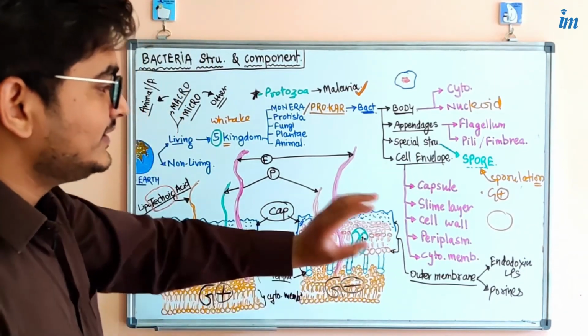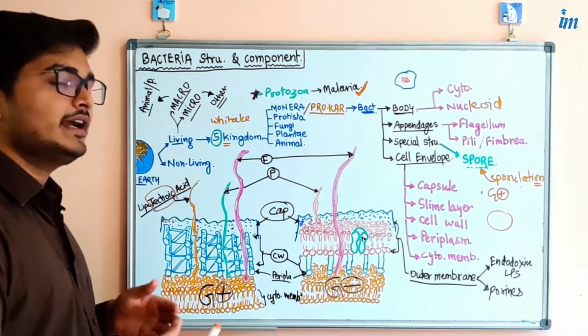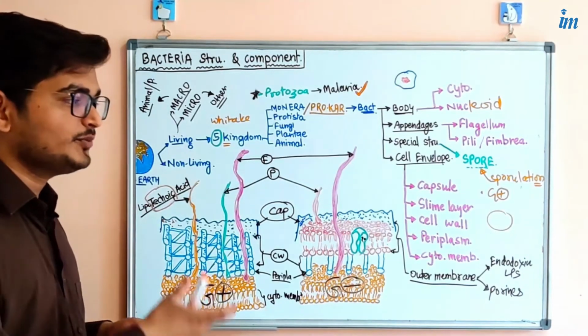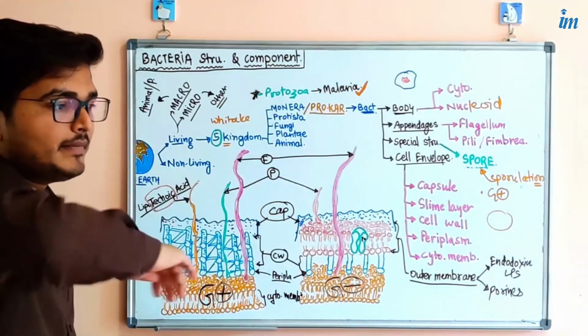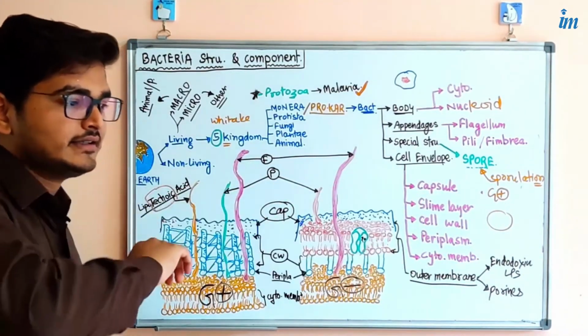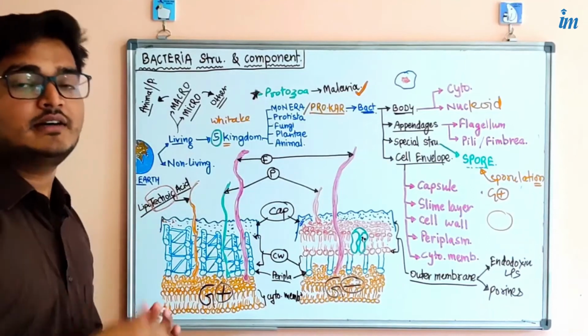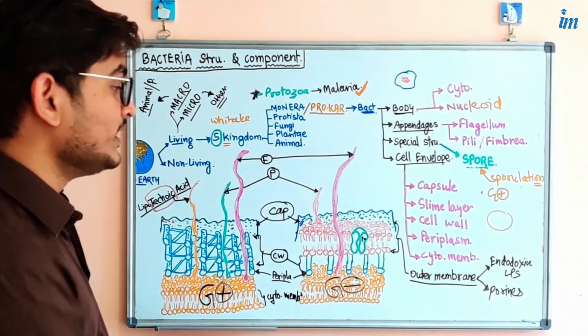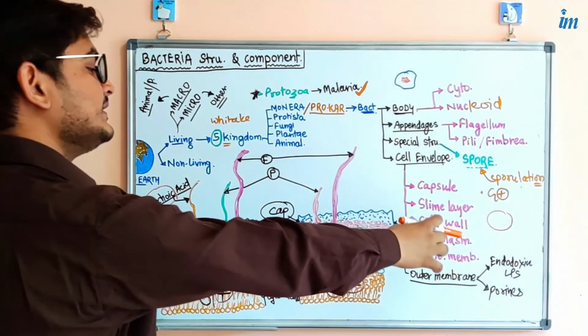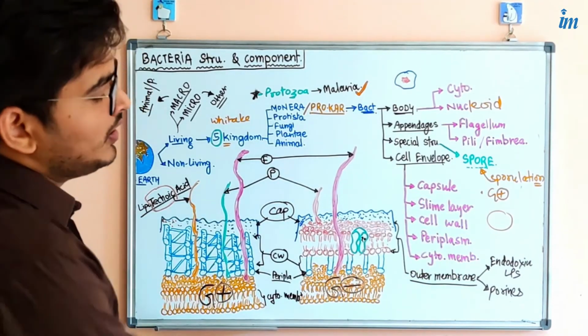Plasm is similarly related to the cytoplasm. Cell plasm, cell fluid. Periplasm means the fluid up to the outer boundary, till that place the cytoplasm is present. That is periplasm. Okay, periplasm, and after that there is the cytoplasmic membrane.